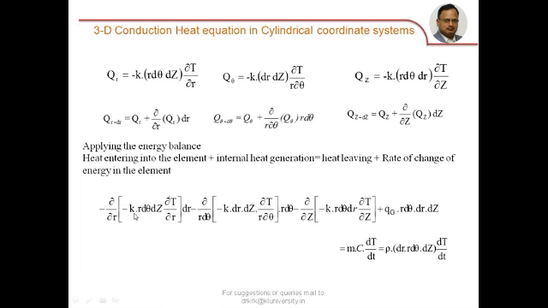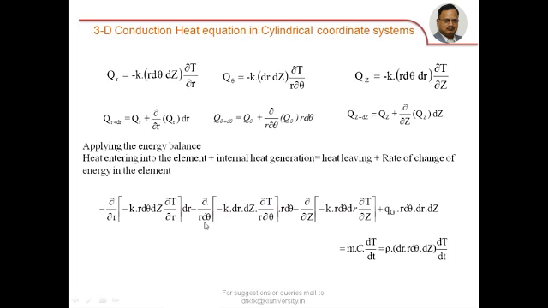In terms of partial differentiation, this k dθ dz can be brought outside, so we are left with ∂/∂r of r ∂T/∂r, since r has to be treated as a variable while differentiating with respect to r.